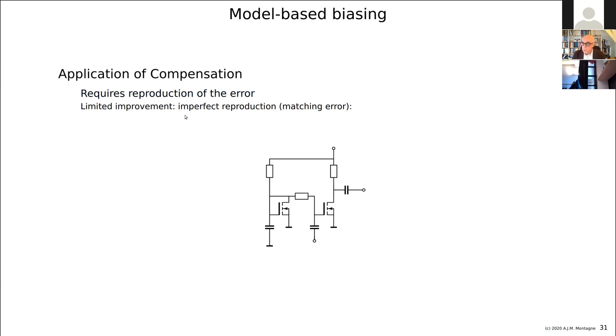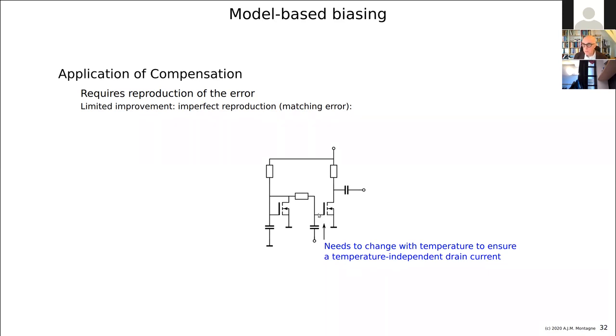So here we have the same circuit, and now where are we doing such a thing? Well, this transistor's gate source voltage needs to change with temperature, for example, if we want to maintain the same current over different values of temperature. So how can we do that?